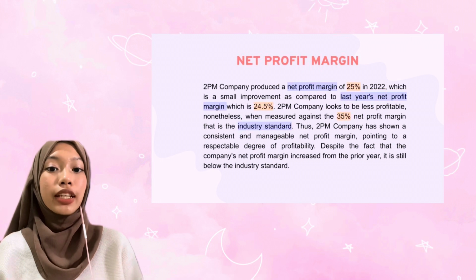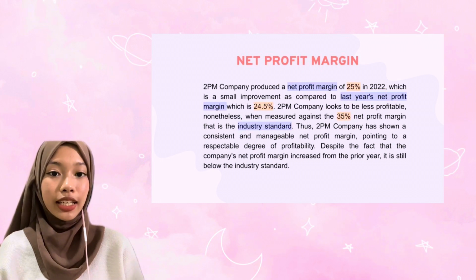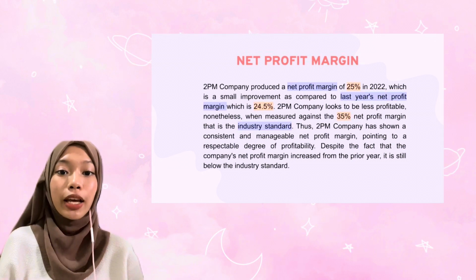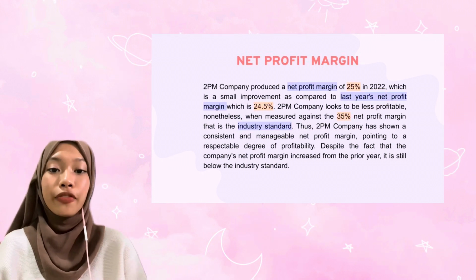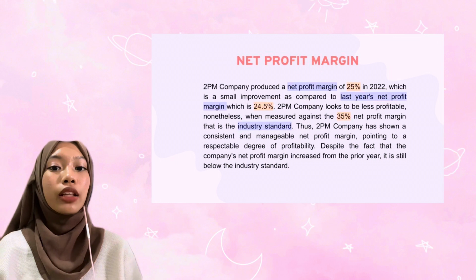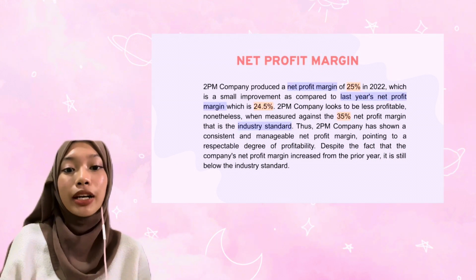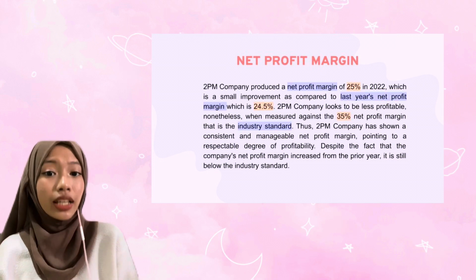2PM company produced a net profit margin of 25% in 2022, which is a small improvement compared to last year's net profit margin of 24.5%. 2PM company looks to be less profitable when measured against the 35% net profit margin that is the industry standard.